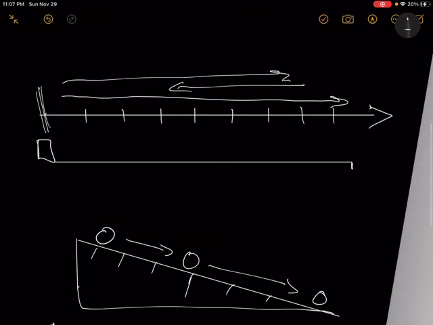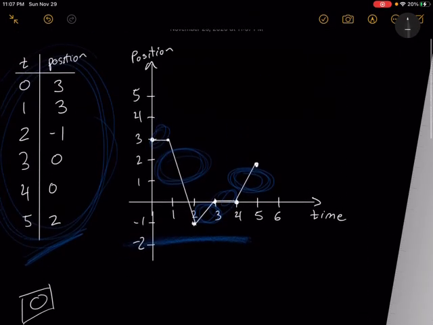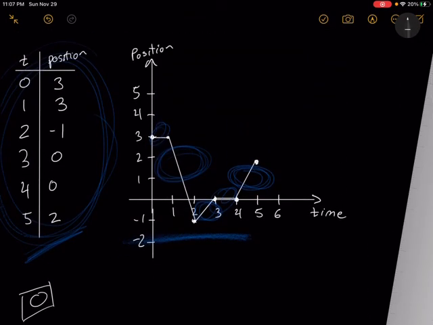Okay, and so you'll take that data, put it on a data table, and then try to make a position time graph. And in that position time graph, you can then analyze the movement to see, is it constant velocity? Is it positive constant, negative constant? Is it accelerating? Is it accelerating in a positive direction, a negative direction?